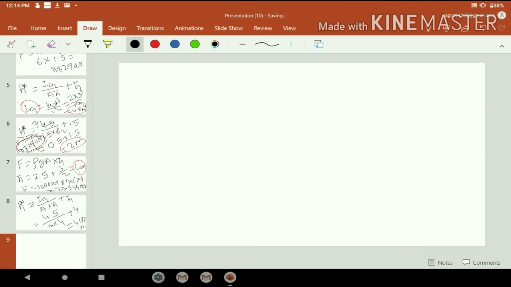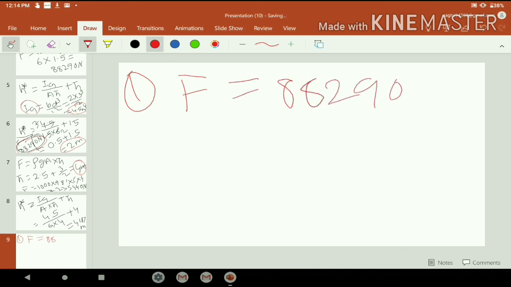So now we have solved both the questions. For the first question, F we are getting is 88290 Newton, and H star is 2 meter.